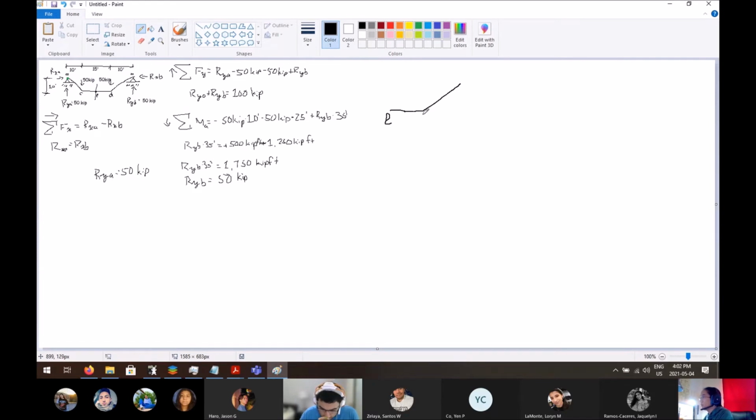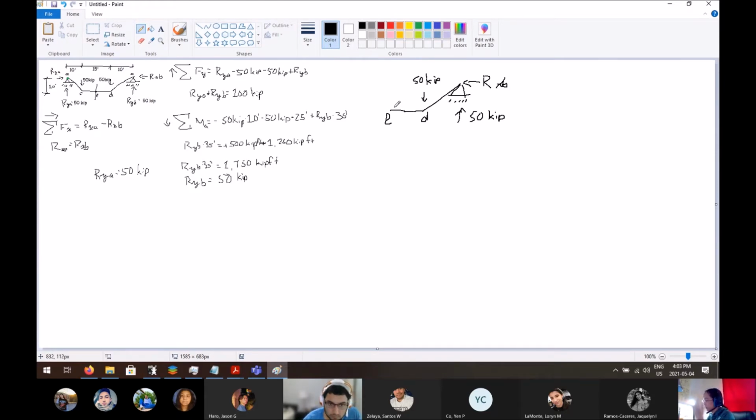So we have E, we have D, and we have the pin right here. We have the RXB. We have the 50 kips right here that we determined earlier. We have the 50 kips right here that was given to us.